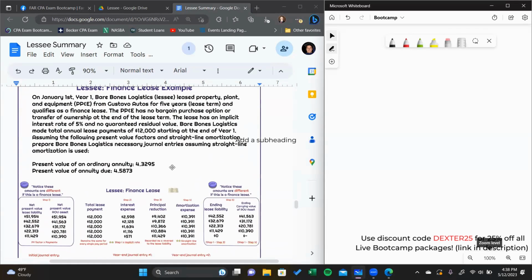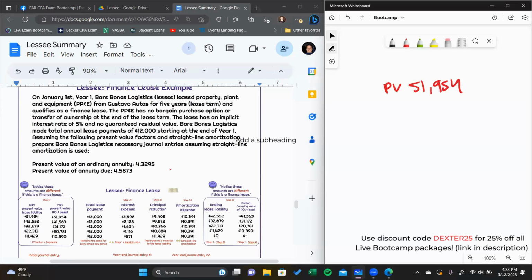This is the exact same problem, so I don't want to walk through the present value factors or anything like that. Remember, we took the $12,000 payment, multiplied by the ordinary annuity factor of 4.3925, and that gave us a present value of 51,954.